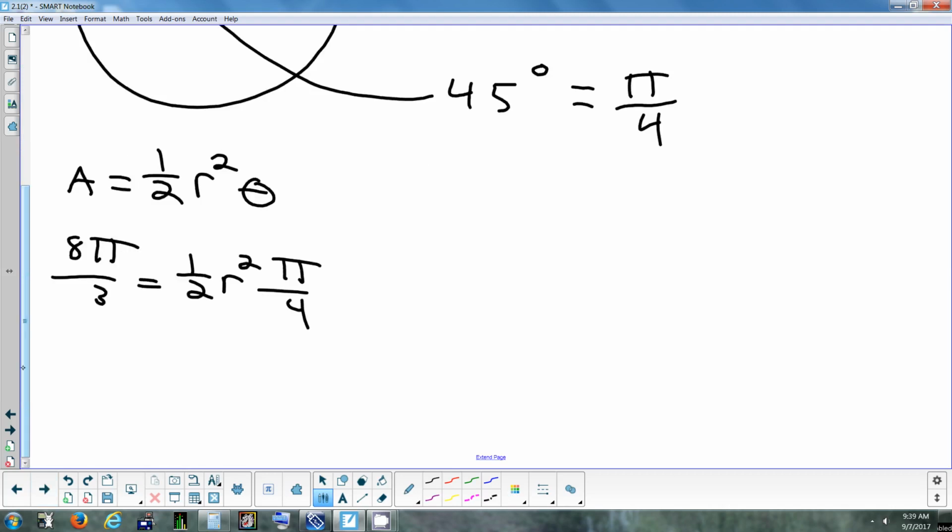Okay, so now the goal is to solve for r. There's a lot of different things we need to move to the other side, but we can do it kind of one step at a time. Eric, let's start with the pi over 4. How could you move the pi and the 4 to the other side at the same time? Flip it to be 4 over pi. Yep, flip it so it's 4 over pi, and then what do I do with that?